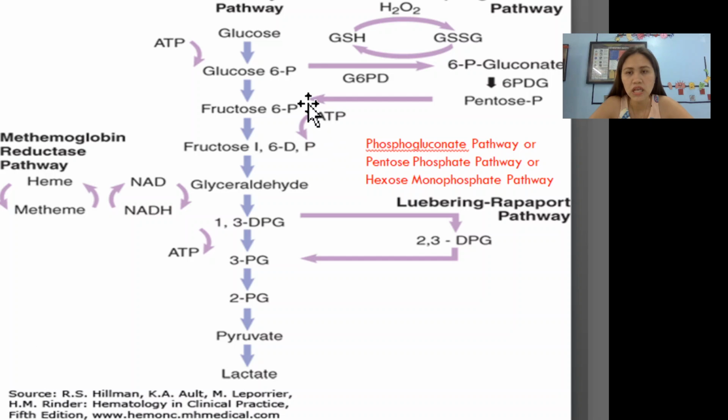So again, let me remind you of this picture, Embden-Meyerhof pathway, where there will be 2 ATPs that will be used or utilized at first, and then after which there will be 2 ATPs that will be generated. So na-equate na nigamit man.